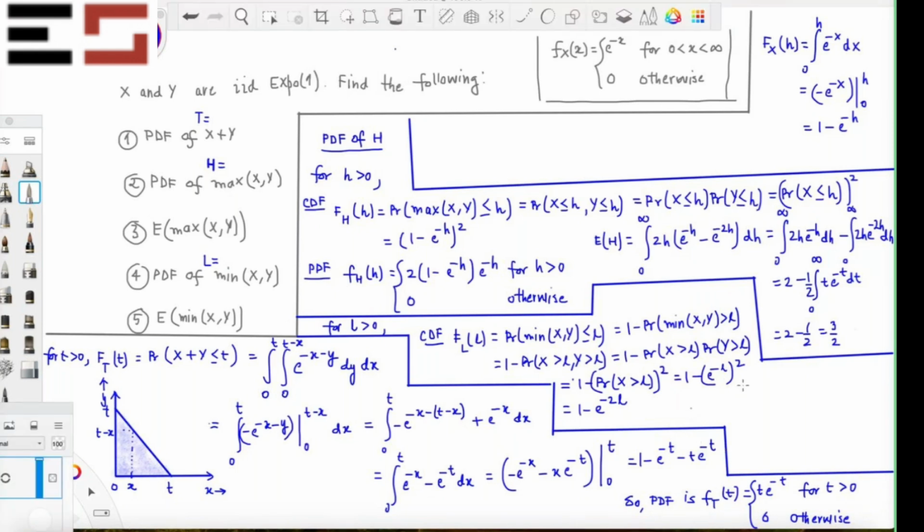Okay, now let's figure out the PDF. It's the derivative of the CDF.